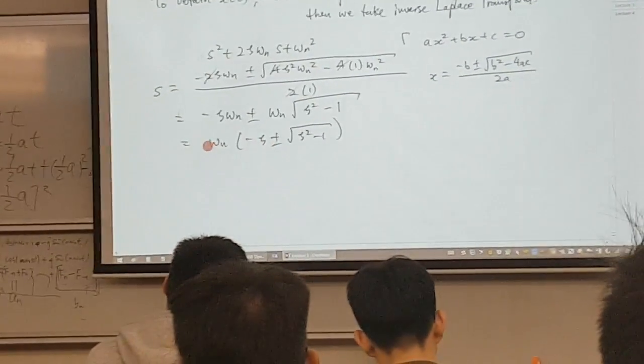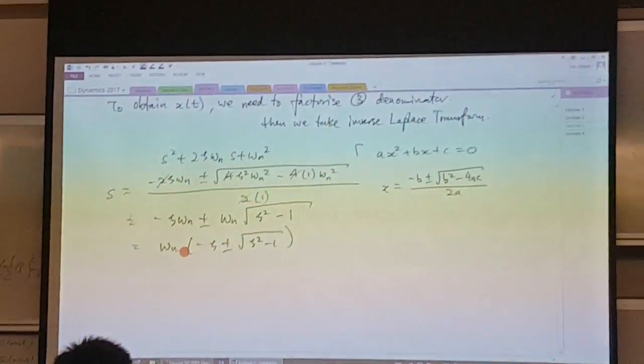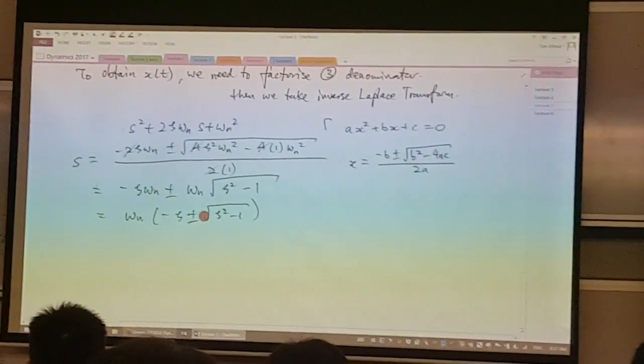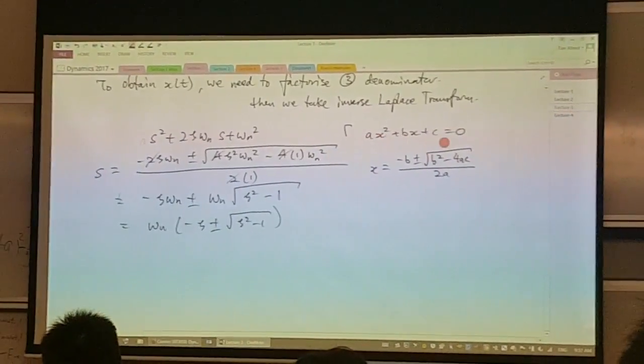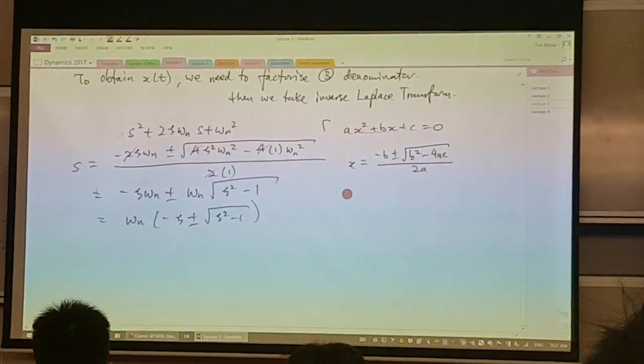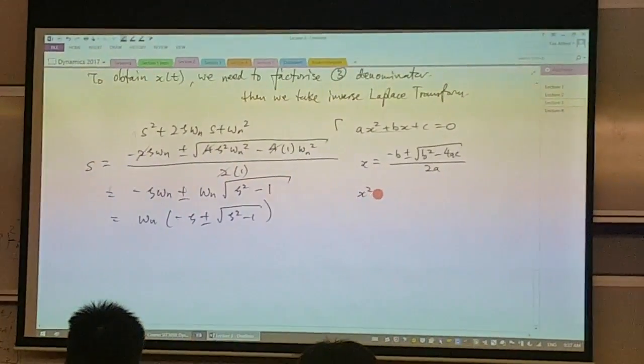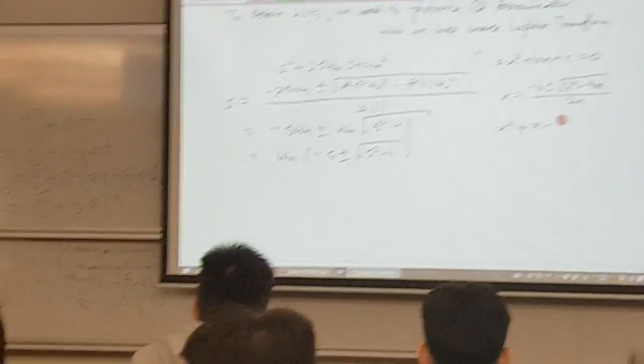If you have a root that's in this way, when we put them together, it's going to be a little bit different. What I mean is, let's say for example, I'll give some numbers to this. Let's say maybe x squared plus x minus 6 equals 0.